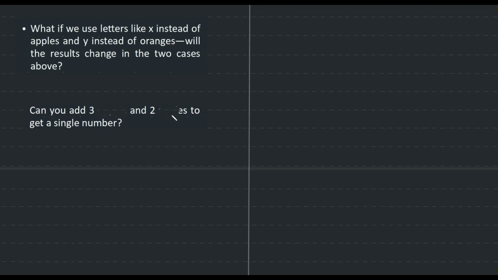We have 3X and 2X. So whatever logic we used over here, say 3 apples and 2 apples, instead of apples, I'm writing X. So 3X and 2X. So this is equal to 5X.